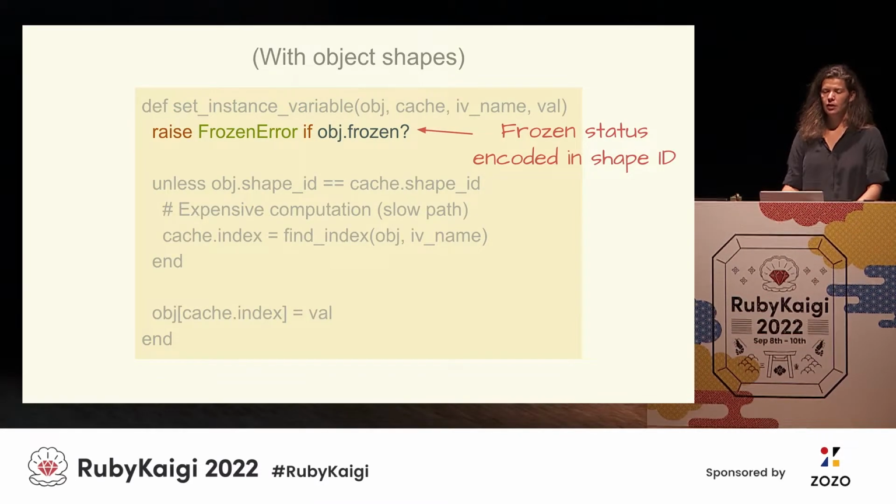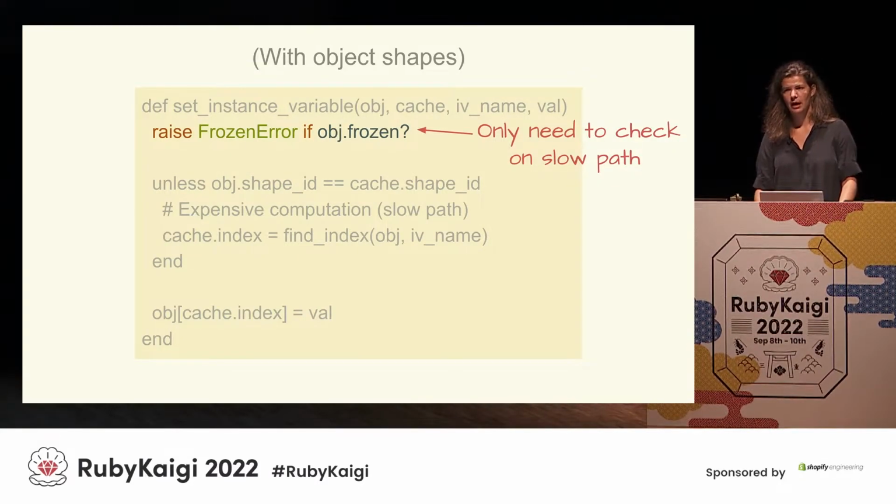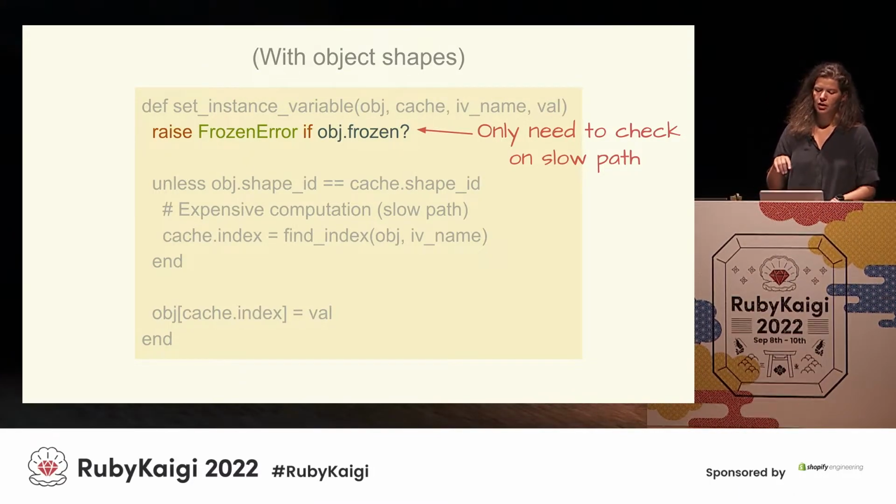But what you might have noticed here is that the frozen status is encoded within the shape ID, right? The shape ID is already telling us the frozen status, so we only need to check this on the slow path. And let's take a moment to process this. Because the shape is saying whether the object is frozen or not, we know that if an object with that same shape has already set an instance variable, then that object is necessarily not frozen.